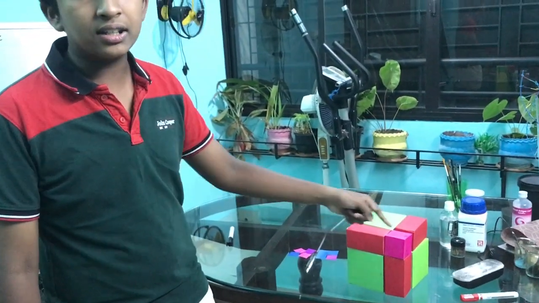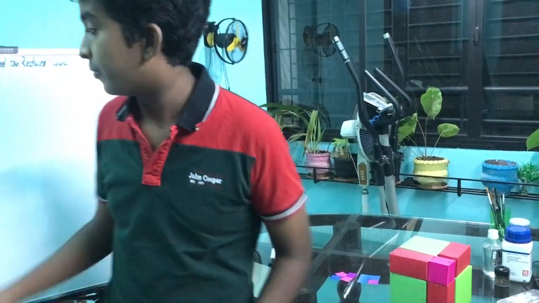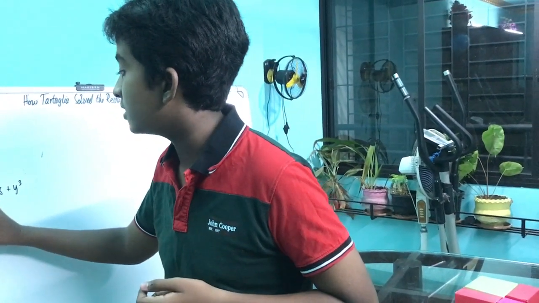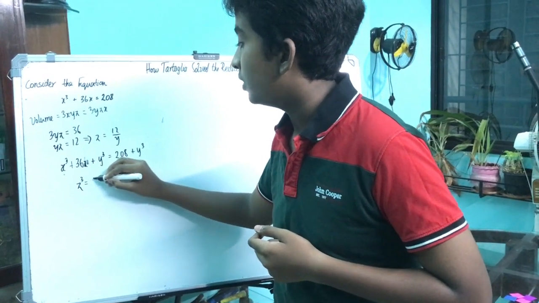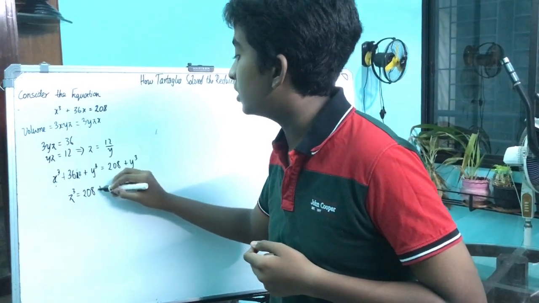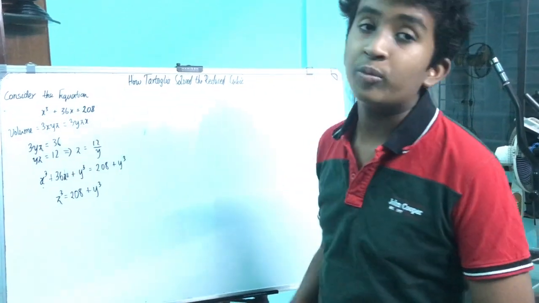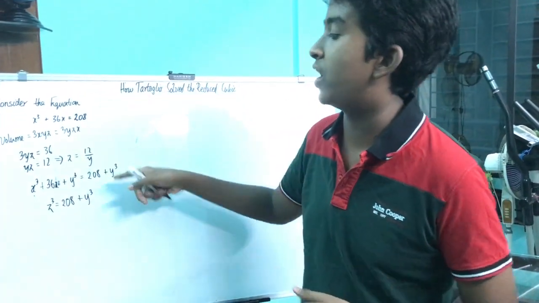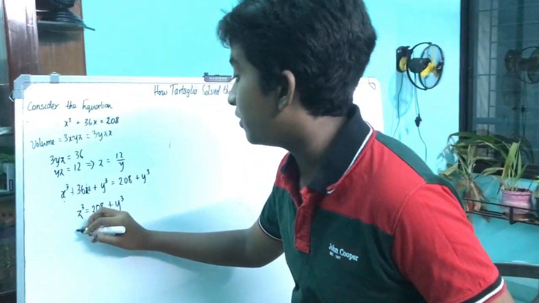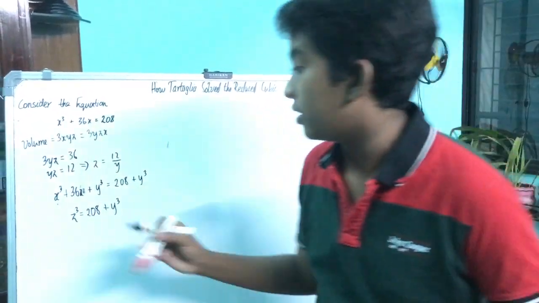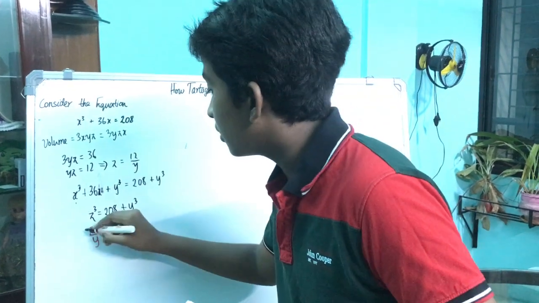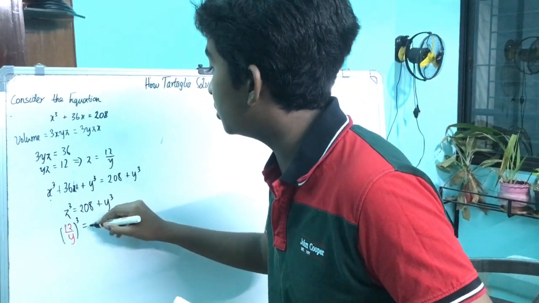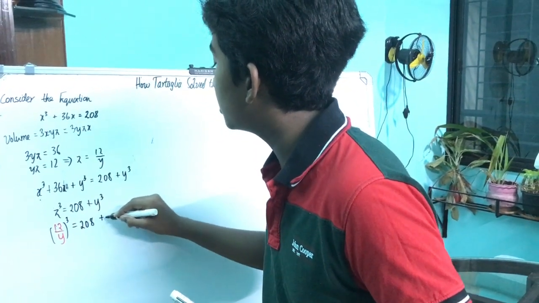Since its side lengths are just x plus y or z, we can write this as the volume of that cube, which is z cube. This is equal to 208 plus y cube. And we actually know what z is in terms of y. It's just 12 by y. So when we substitute, we get 12 by y, the whole cube, is equal to 208 plus y cubed.